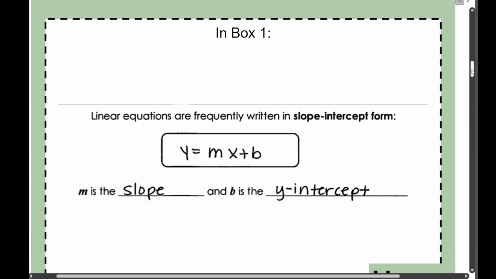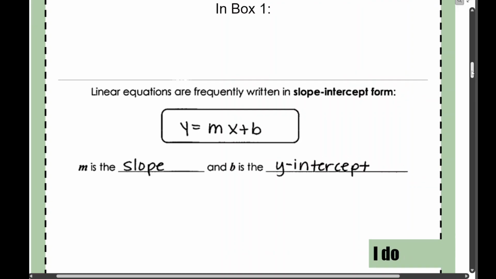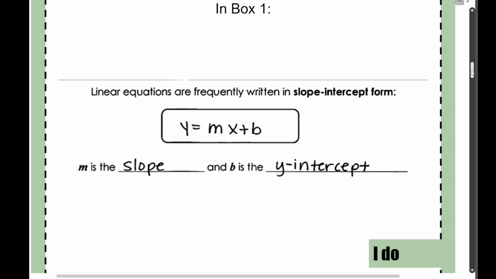Linear equations are frequently written in slope-intercept form, which is y equals mx plus b, where m is the slope and b is the y-intercept. At this point, we should have all seen y equals mx plus b. Ninth graders, you should have seen it last year in eighth grade. 10th graders, you should have seen it in eighth grade and last year in ninth grade when you had me.